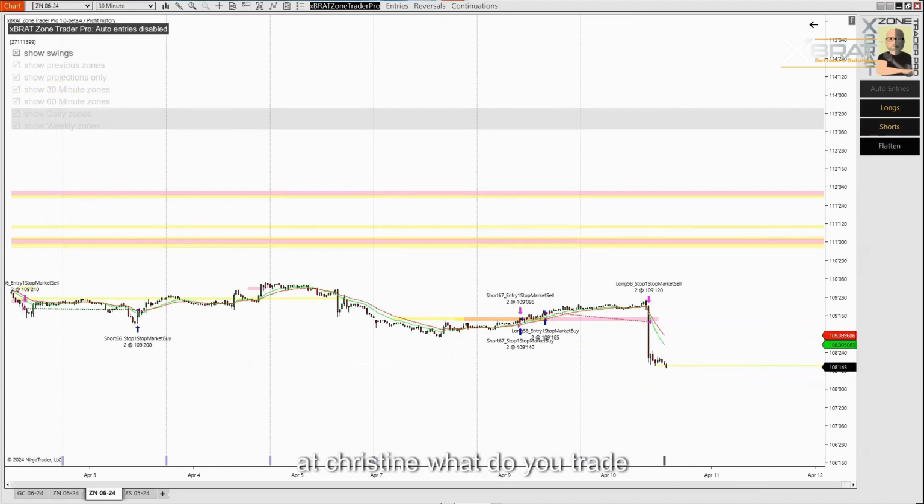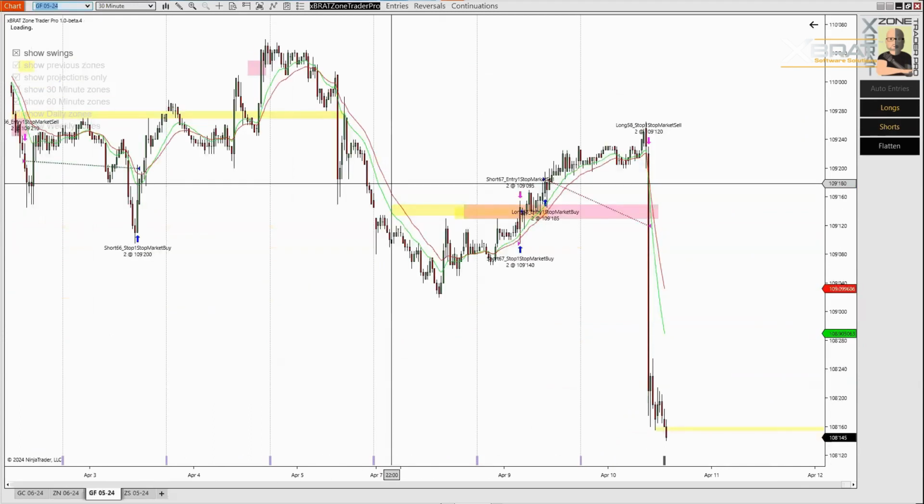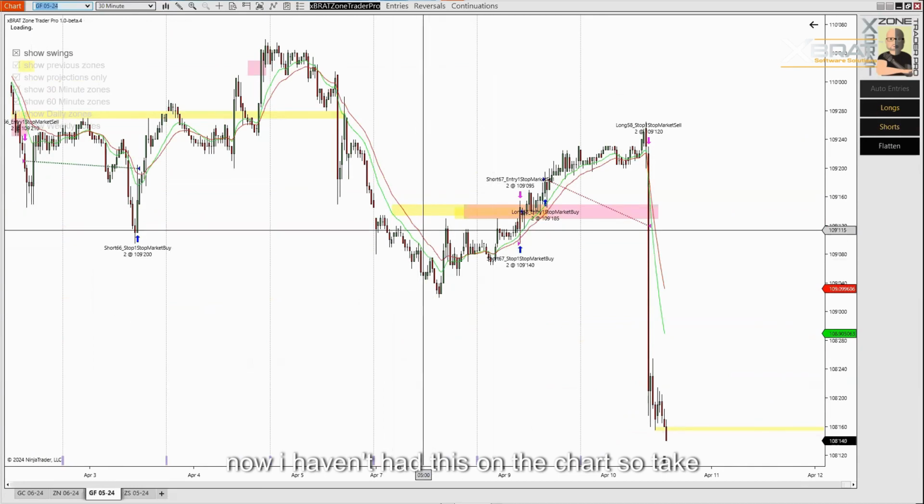Anybody trade? Christine, what do you trade? GF, that was it. No, I haven't had this on the chart, so it'll take a while to load.